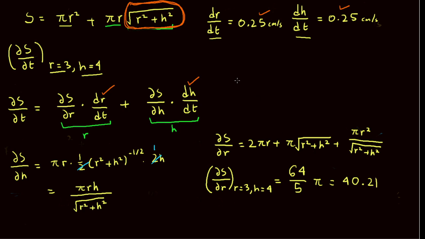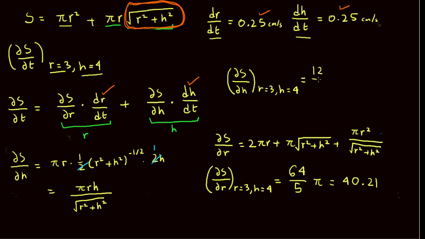Okay, and then del S del H. If I were to substitute the values of R equals 3 and H equals 4 immediately, let's see what we get here. So just simply pi times 3 times 4 over square root of 3 square plus 4 square. So just 12 over 5 pi.